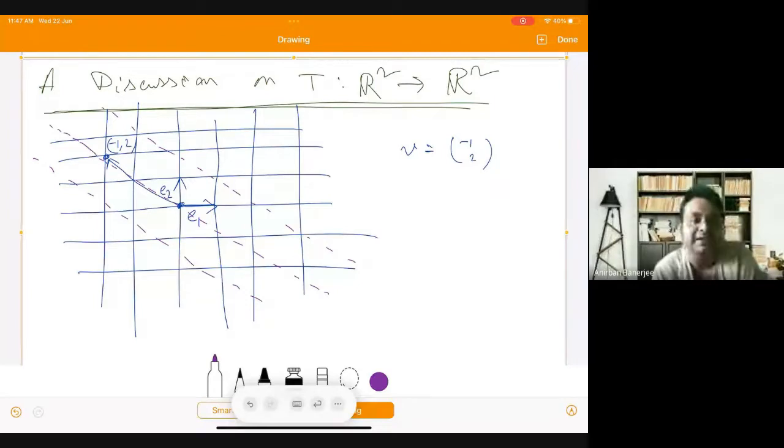Before figuring out where v goes after this transformation, we first figure out where E1 and E2, the standard basis, those two vectors, go after the transformation. Let's say, for this example, the E1 in the new space, sorry, I'm drawing a very bad picture.